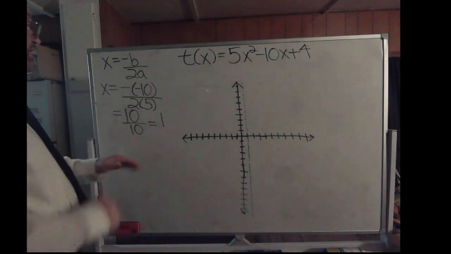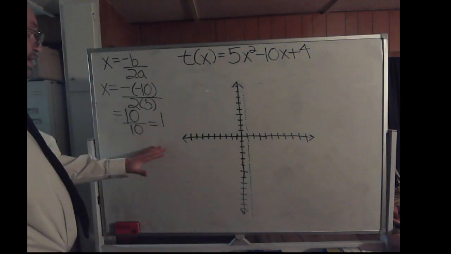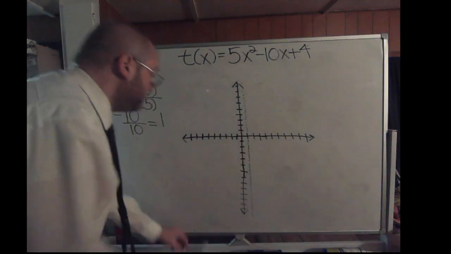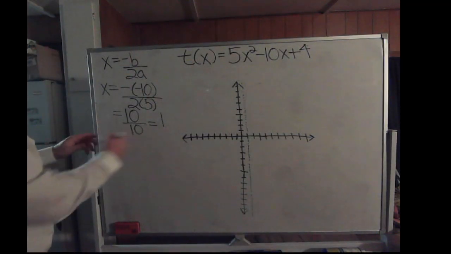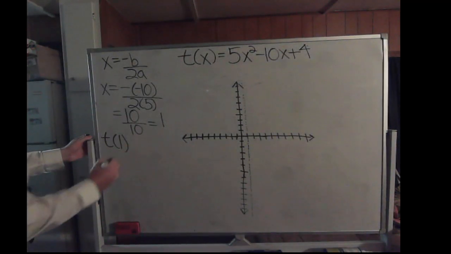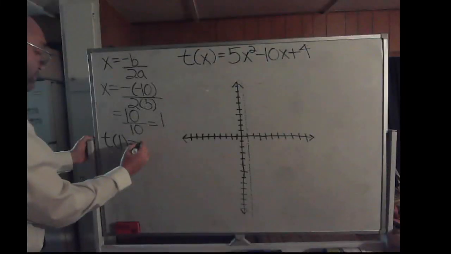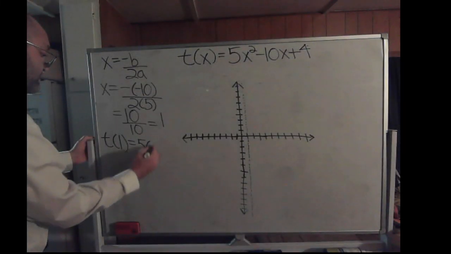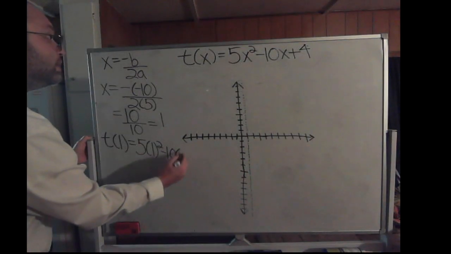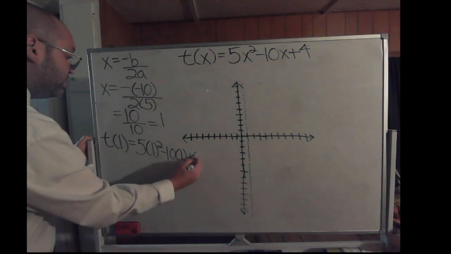Now, we want to find the y-coordinate of the vertex. So now we got to take that value of 1 we got for x, put it into the function. So you'll take t of 1, which would give you 5 times 1 to the second power minus 10 times 1 plus 4.